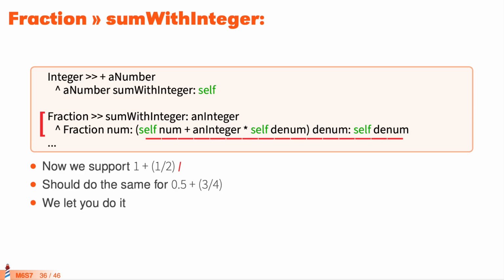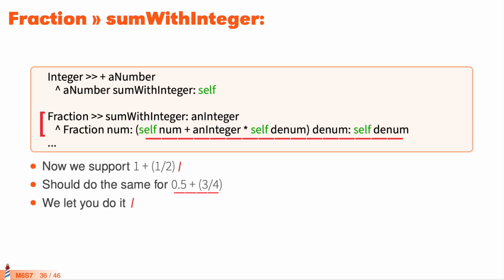Basically, we should do exactly the same for the float case, because the receiver can be a float. So when the receiver is a float, what should we do? We should define the method sumWithFloat in the class fraction. I suggest that you do it, because I know how to do it, and this is always the same.